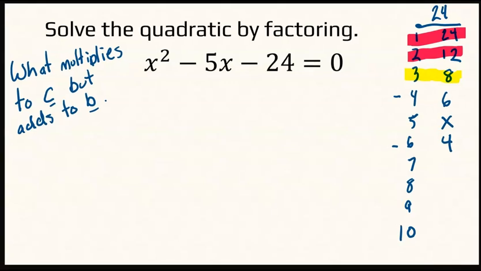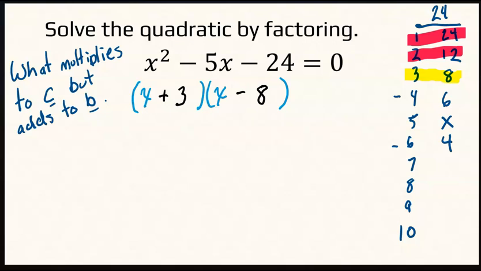So my next step is to set up two sets of parentheses and place x's in both because I have an x squared there. And now what I'm going to do is place my factors. So I said 3 minus 8 gives me negative 5. That means 3 is positive and 8 is negative.